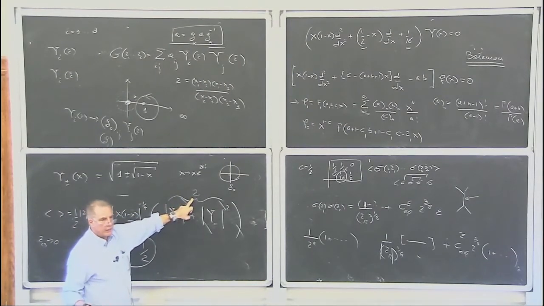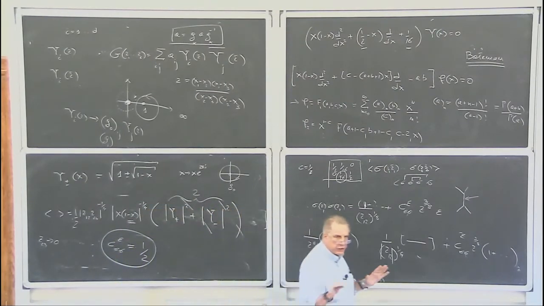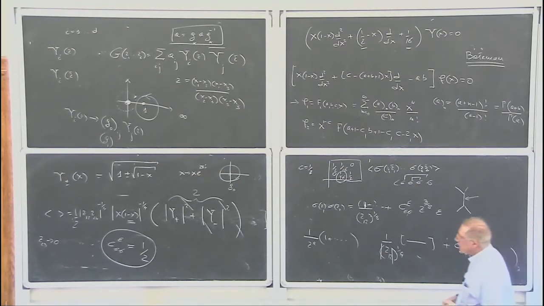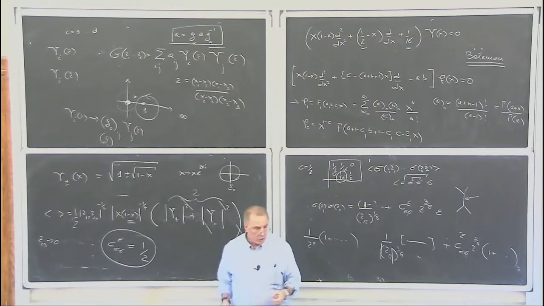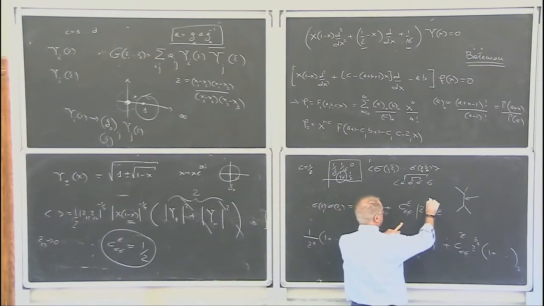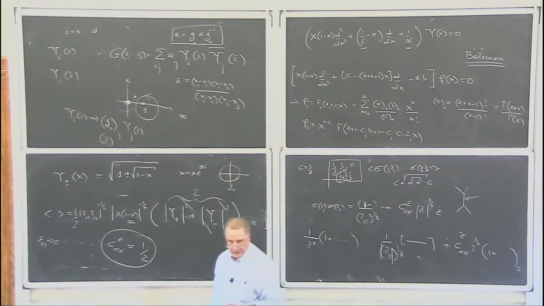A equals 1/2. At this point, fixed, finished. But once I have this, I can go to the other channel. So I have to look at what is the other channel which behaves like modulus 3/4. I leave to you the exercise.